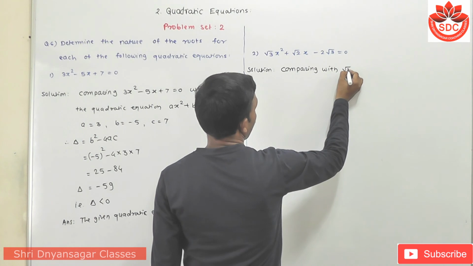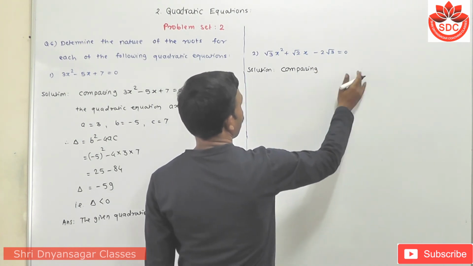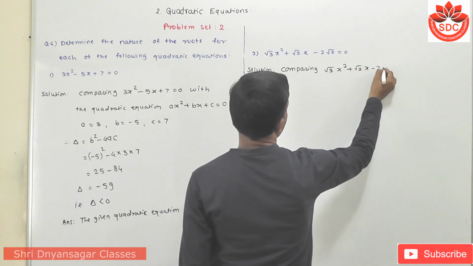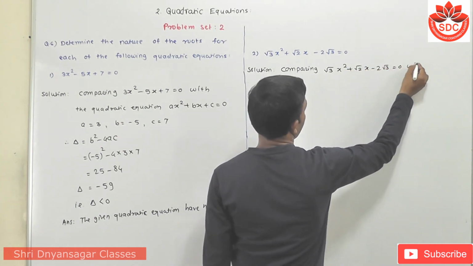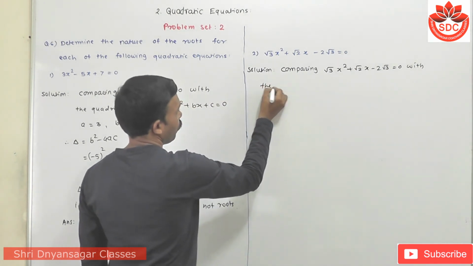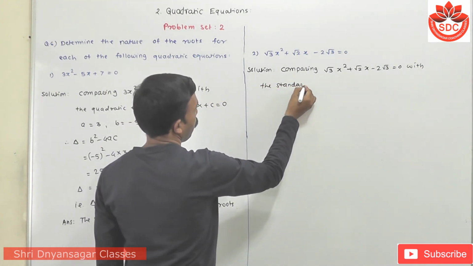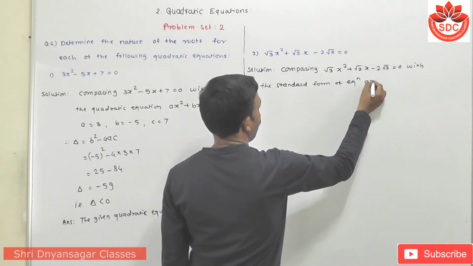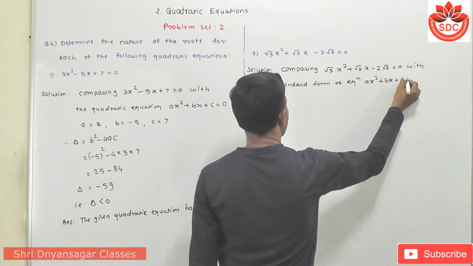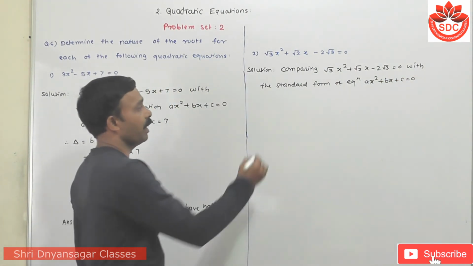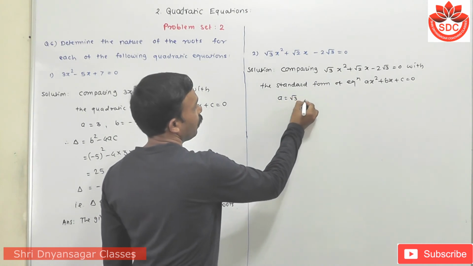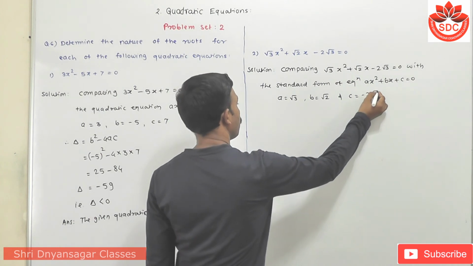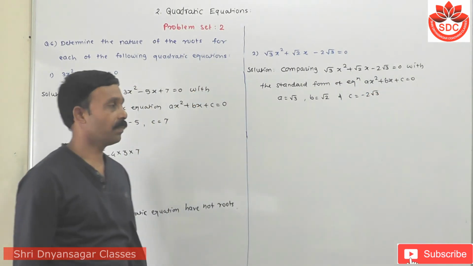Comparing root 3 x square plus root 2 x minus 2 root 3 is equal to 0 with the standard form of the equation ax square plus bx plus c is equal to 0, we get a is root 3, b is plus root 2 and c is minus 2 root 3.